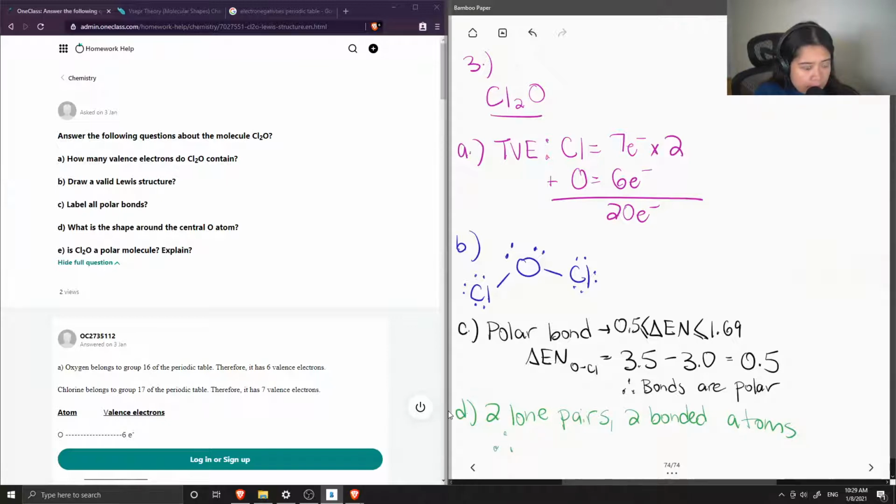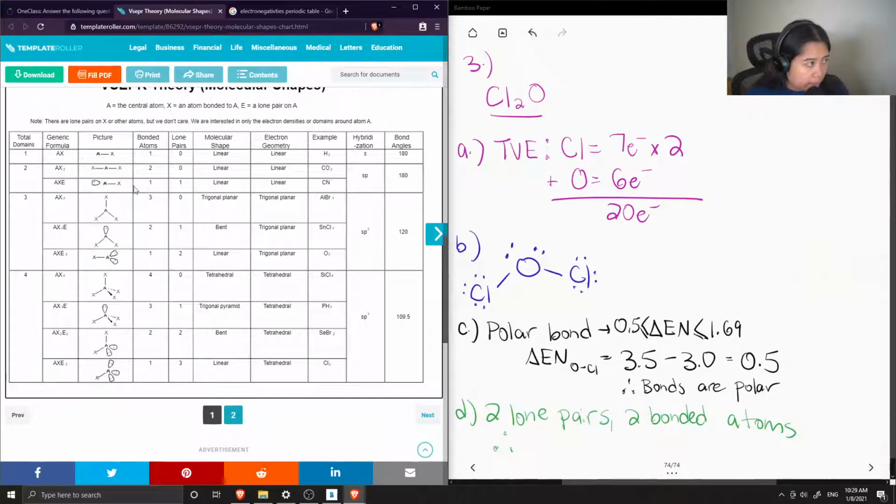So let's look at the shape by using the VSEPR theory. This is a handy table that can tell us the type of molecular shape, the electron geometry, the hybridization, and the bond angles of a certain molecule.